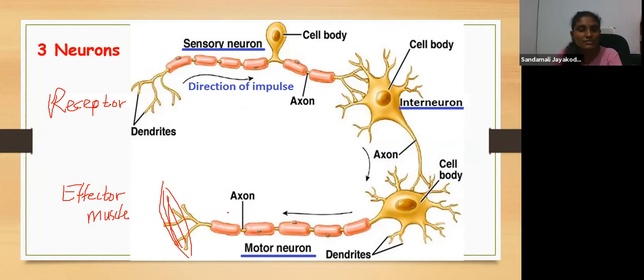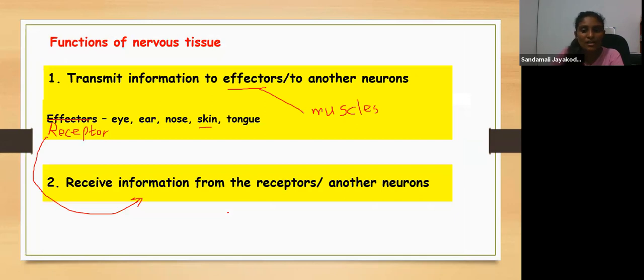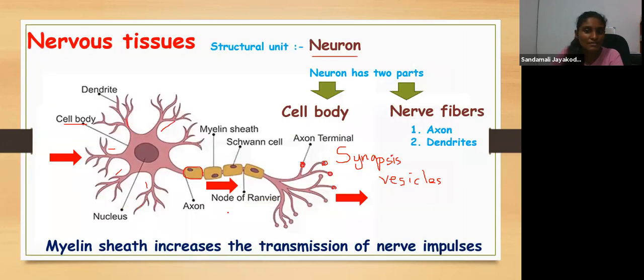And here I should tell you that normally transmission of nerve impulses occurs from the cell body to the axons. The function of these dendrites is to transmit nerve impulses towards the cell body.